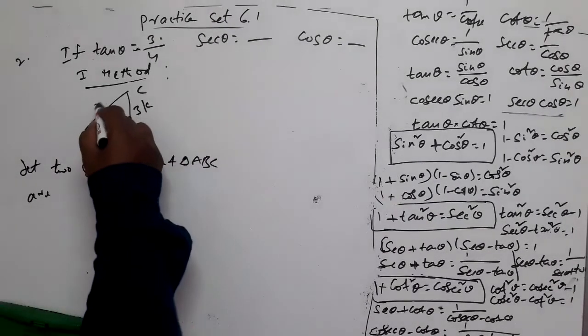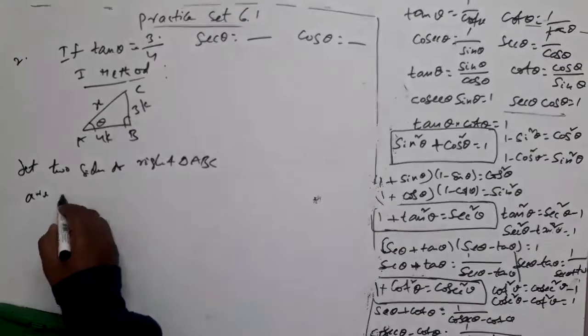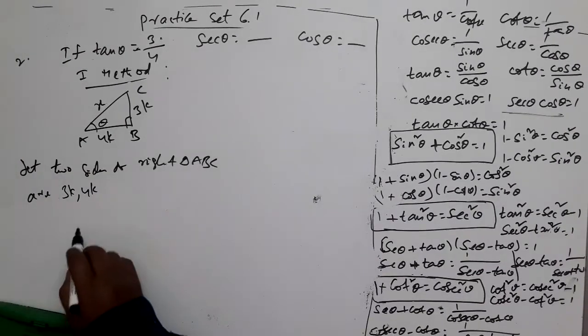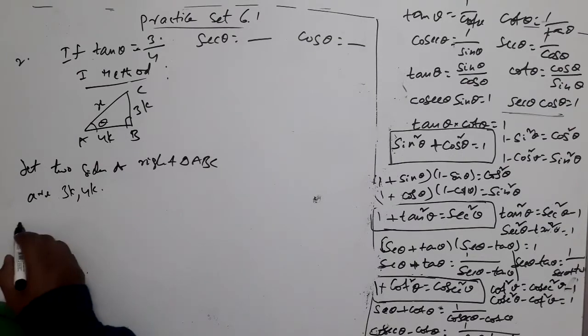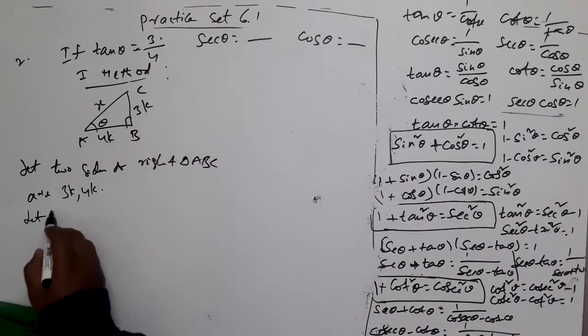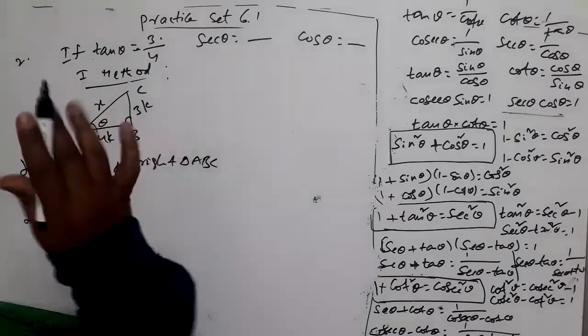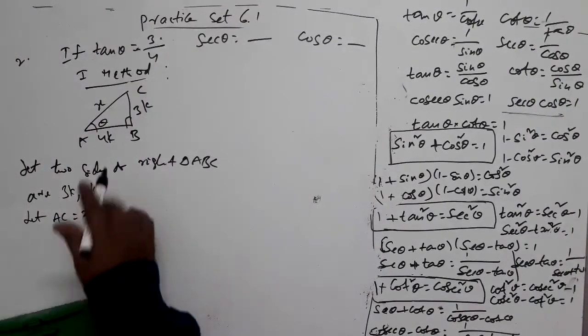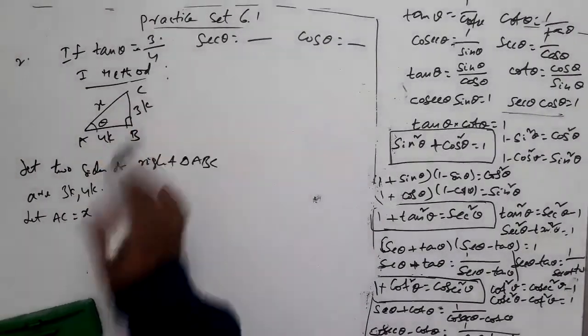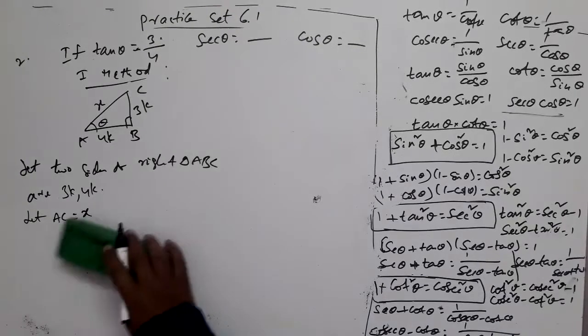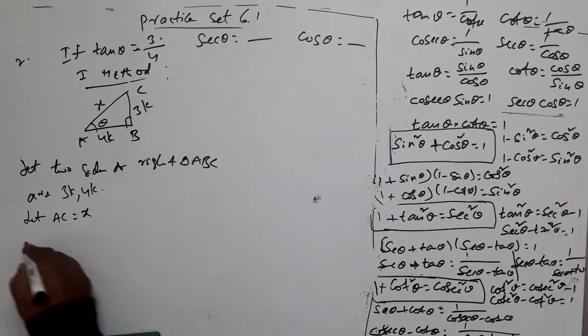Let us say the remaining side AC is x. So now two sides are known. The third side you want. So what will you do? Yes, you can find the third side using Pythagoras theorem.